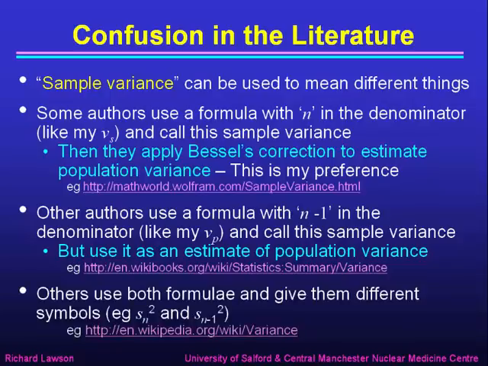Yet again, there are others who try to avoid the confusion by using both formulae but giving them different symbols. For example, I've quoted Sn squared for the variance calculated with n in the denominator, and Sn-1 squared with the n-1 in the denominator, and there are authors that use that.